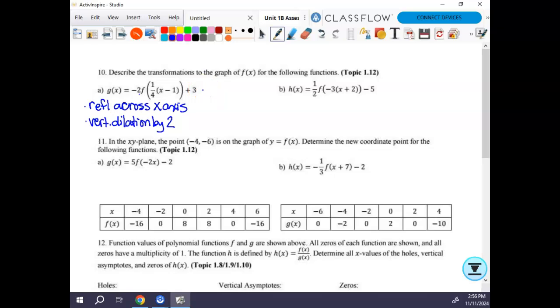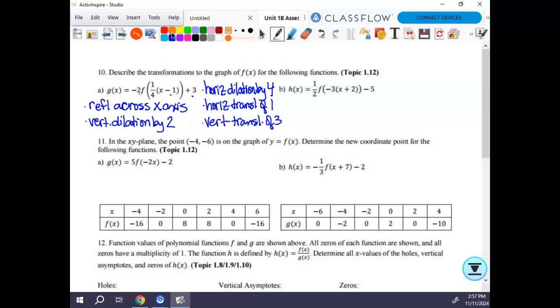Then I have this 1/4 that is inside that function, so that means I have a horizontal dilation by 4 because x is a liar. Then this is inside, so that means I have a horizontal translation of 1. It's a positive 1 because I'm going to the right. And then this is a vertical translation of 3. Positive 3 because we're going up.